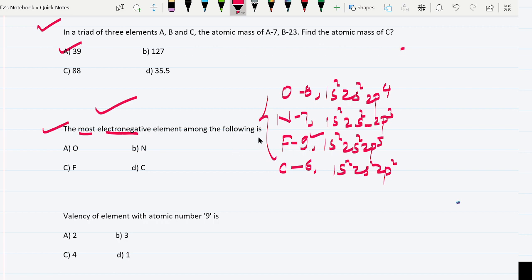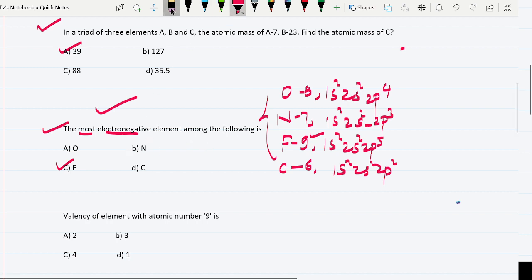So according to that, fluorine is going to be the correct option here. If the elements have different numbers of orbits, then the element having the smallest last orbit will be smaller in size and most electronegative.